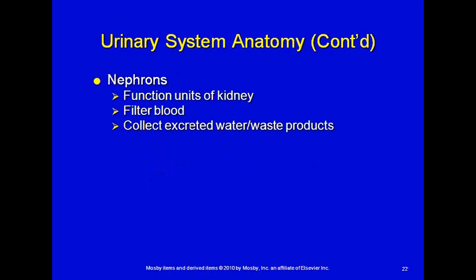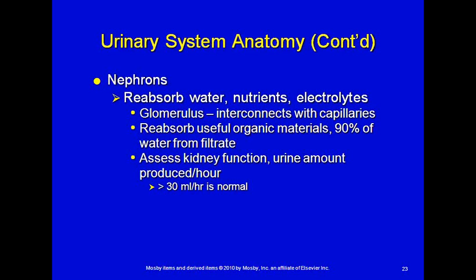Nephrons, nephr referring to kidney, are the functioning units of the kidney, and they filter the blood. They collect excreted water and waste products. They also reabsorb water, nutrients, and electrolytes when necessary. The glomerulus interconnects with the capillaries and reabsorbs useful organic materials.